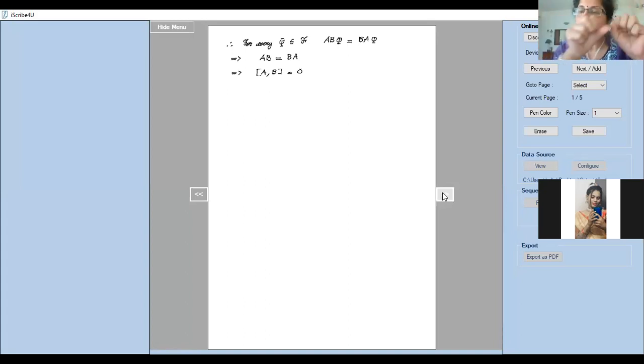That if two observables are compatible, that is, they share a common set of eigenfunctions, then they commute. So remember, we have proved one way: if they have a common set of eigenfunctions, they commute. Now comes the tricky proof, which is that if they commute, they have a common set of eigenfunctions.